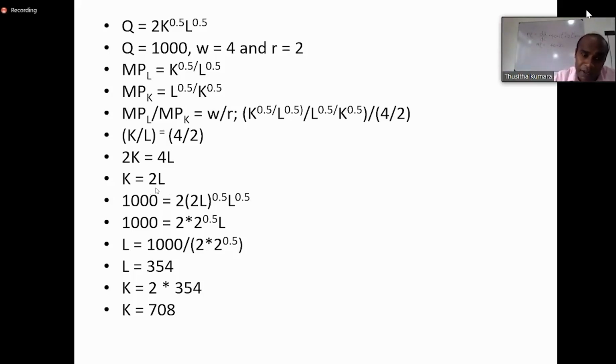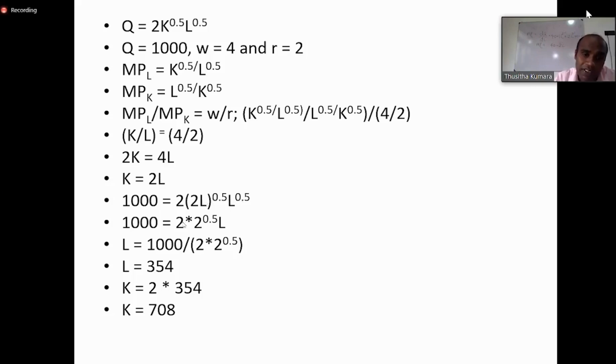Now, as I mentioned previously, we know the output level, that is 1000. Then instead of K, I will put 2L here. That is 2 multiplied by 2L to the power 0.5, L to the power 0.5.